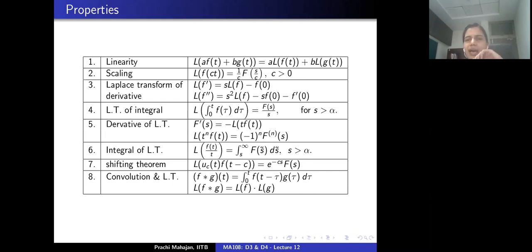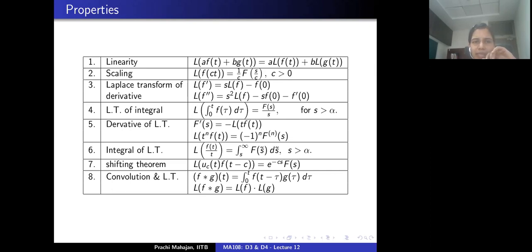The final results are collated here for convenience. Similarly, if f satisfies the required hypothesis, then the second derivative of f has a Laplace transform in terms of the Laplace transform of f.